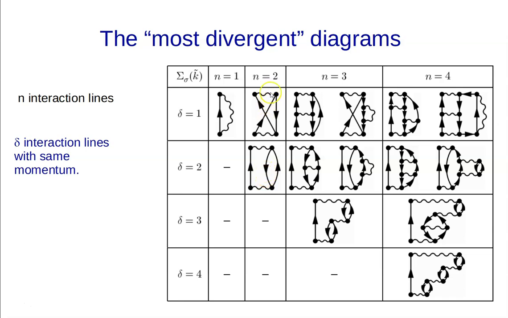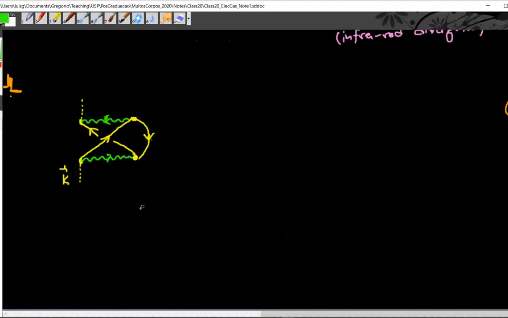Now I'm going to argue that a diagram like this, even though it has two interaction lines, the momentum for these lines are different. So let's take a look at this particular diagram and see why this has only one line with the same momentum. So this is the contribution to the self-energy, right?